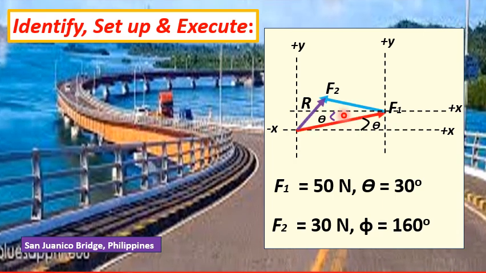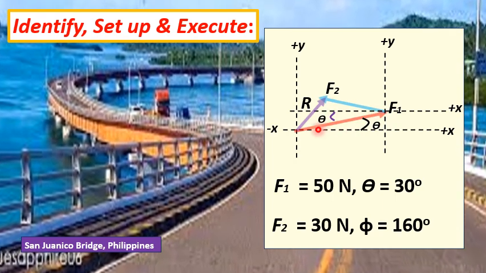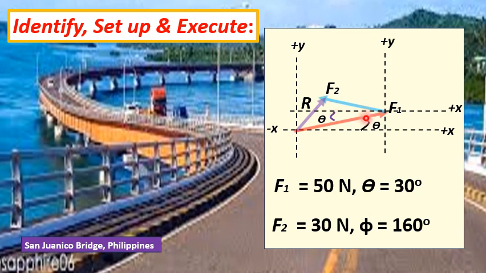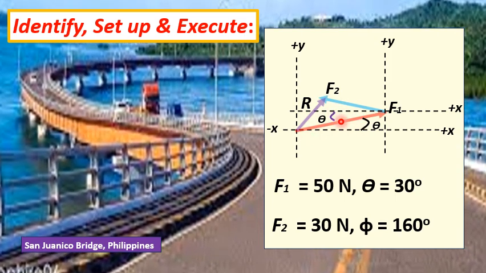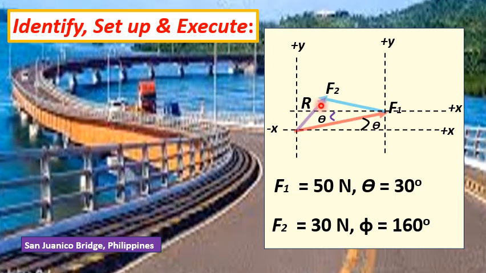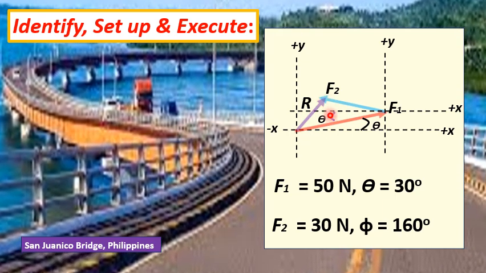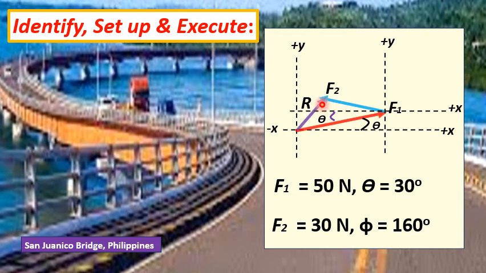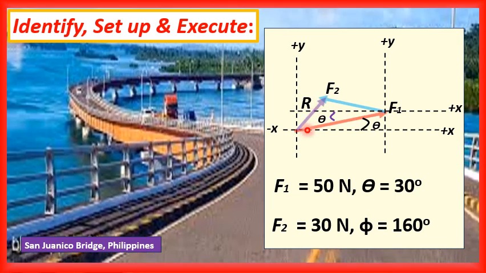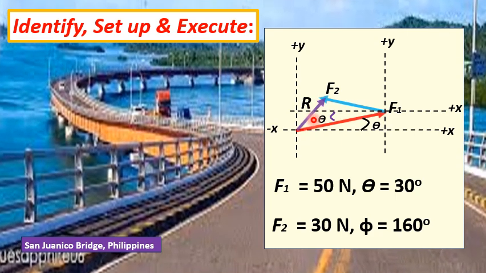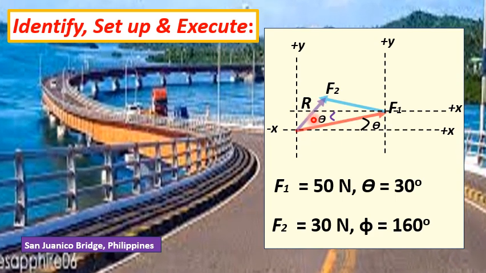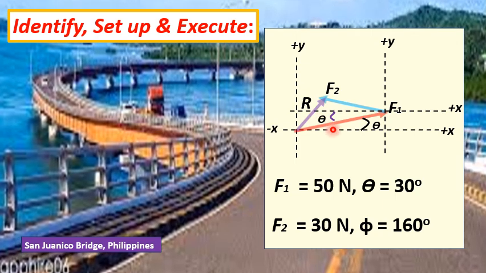And we have a rule that when the two given vectors are connected head to tail, the resultant is drawn from the tail of the first to the head of the second vector. And that is represented here by vector R, which is the resultant force, the one in violet, right?